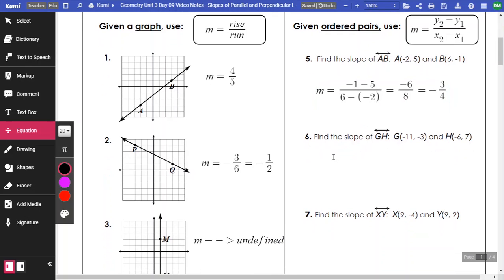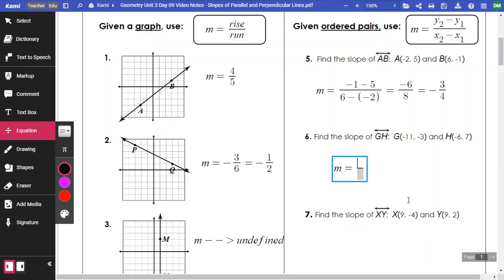So let's do a couple more. So the slope of GH, we'll say that G is point 1 and H is point 2. So our M is equal to negative 6 minus a negative 11 over 7 minus, oh, I screwed that up. Ignore that, I messed up. Do y first.